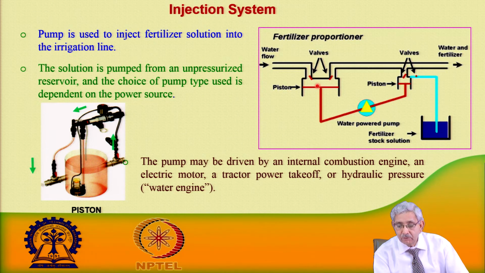When water flows, it pushes the piston back. This causes the closing of the valve, and at a certain position the fertilizer is sucked in. Then the piston comes down and makes the fertilizer move up, and then it closes. So, it is a continuous kind of flow.